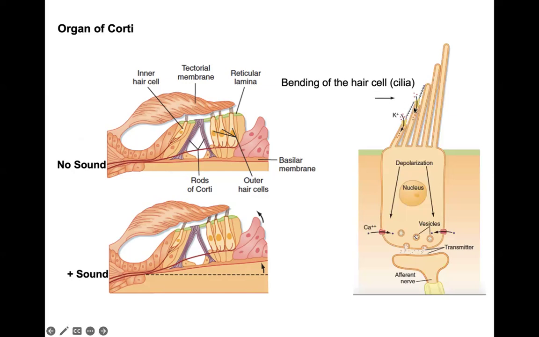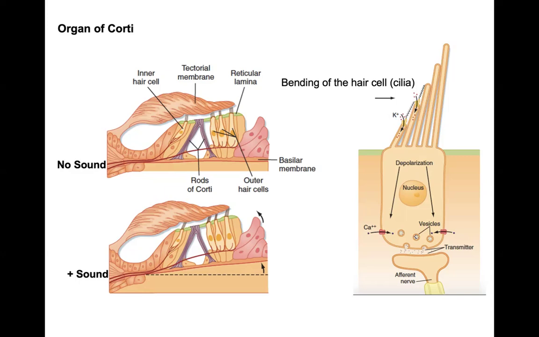What happens when the cilia bend? This is the key. On top of the cilia, you have an ion channel, okay? And the ion channel here is the potassium channel, okay? So when the hair cell moves and then the cilia bend, this channel will open, okay?